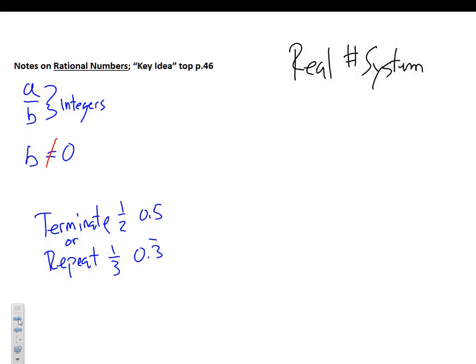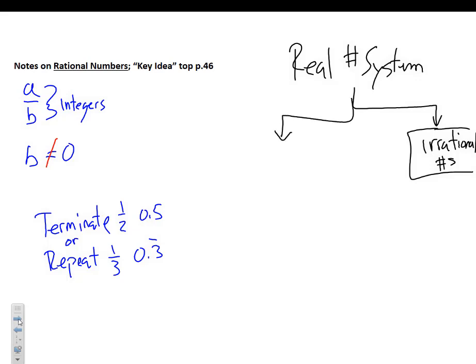So the real number system. The real number system consists of two types of numbers. The first one, and I'm only talking about this first because we're actually not going to talk about it more than me just saying it, is the irrational numbers, because we're going to talk about this in a different unit. So the irrational numbers are one type of real number, and the other one, you guessed it, we're talking about it today, is our rational numbers.